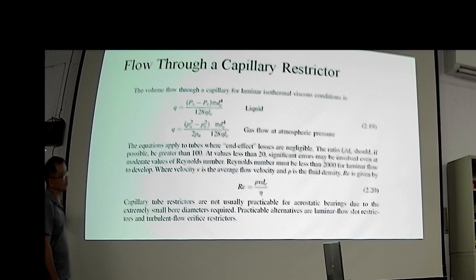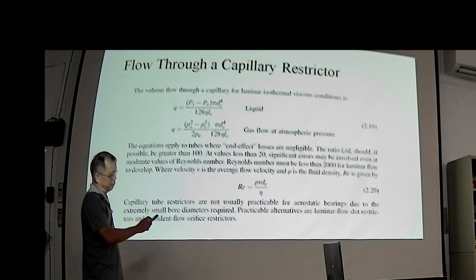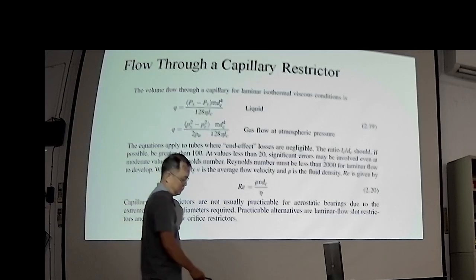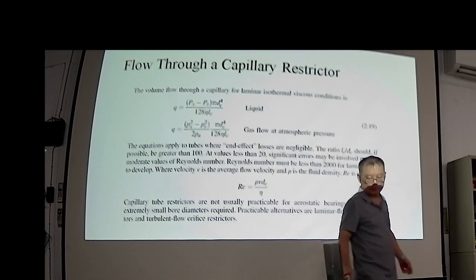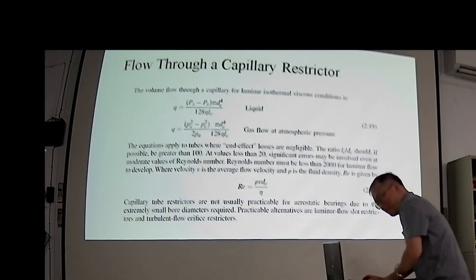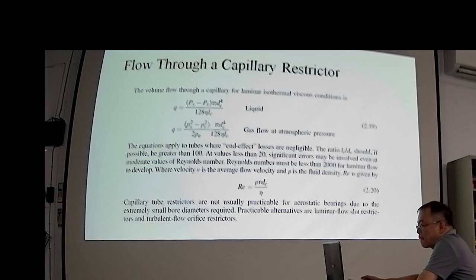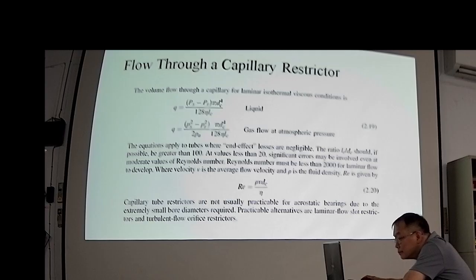There's also a constraint here: the Reynolds number should be less than 2000.